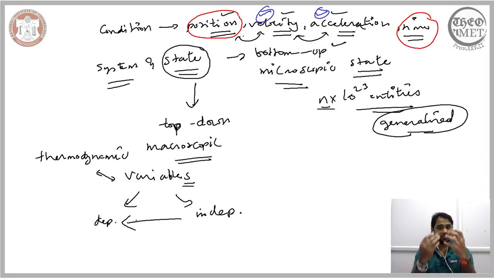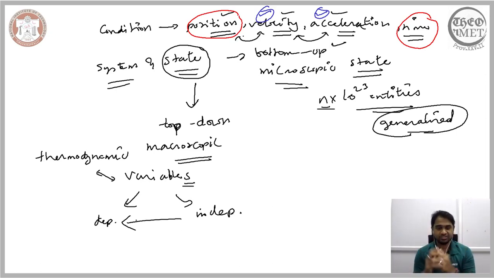Now when we want to describe the state of the system, it is possible for us to just identify the independent variables, then calculate the dependent variables, and then express the overall state of the system. Similar to Newton's laws of motion, wherein the condition was described with several variables, a combination of dependent and independent variables, in thermodynamics as well we have a combination of dependent and independent variables to describe the state of the system.